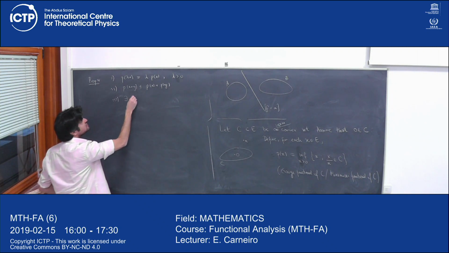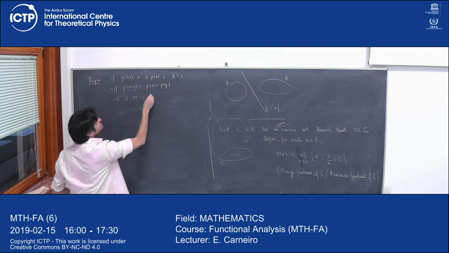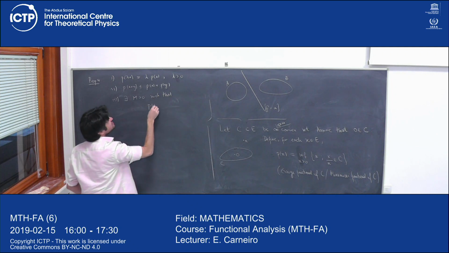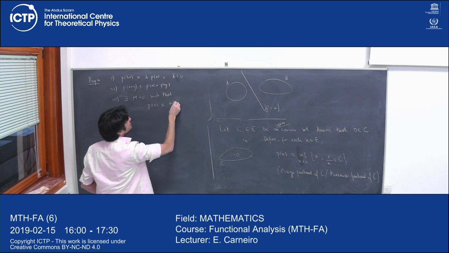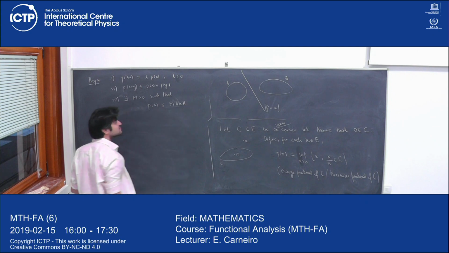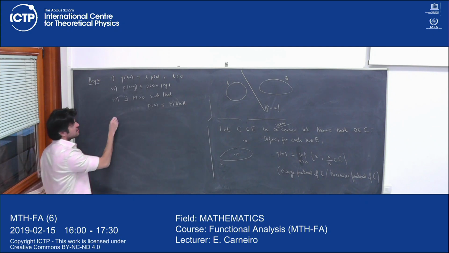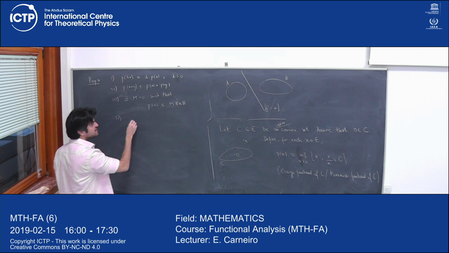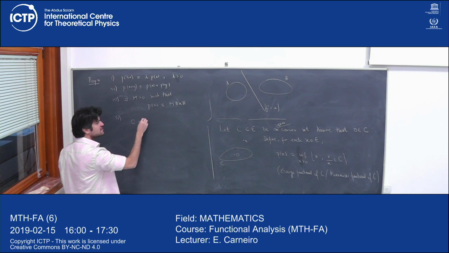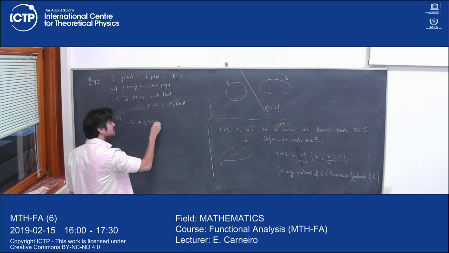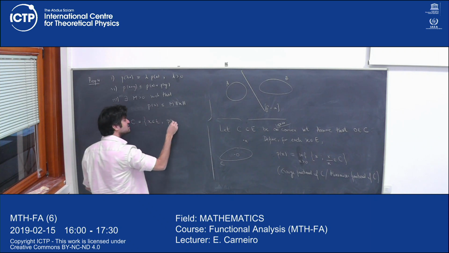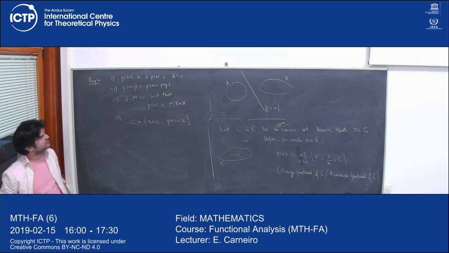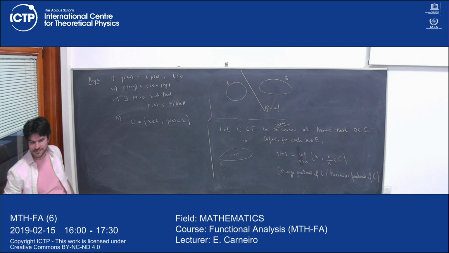There exists a constant m bigger than 0 such that P of x is less than or equal to m times the absolute value of x. And number 4: the set C is the set of points x such that P of x is less than 1. Wow, 4 beautiful statements to be proved there.